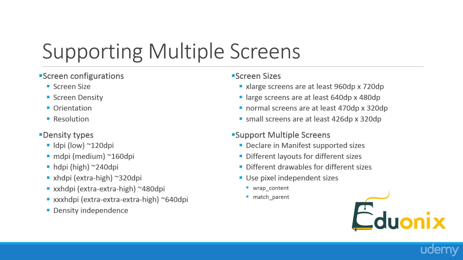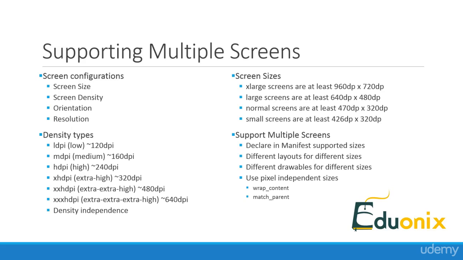Screen density of a device can vary greatly. This includes additional screen densities that have been added with the advancement of screen technologies. They now include LDPI, or low, which is usually approximately 120 dpi, MDPI, or medium, approximately 160 dpi, HDPI, or high, approximately 240 dpi, XHDPI, or extra high, approximately 320 dpi, XXHDPI, or extra extra high, approximately 480 dpi, and XXXHDPI, or extra extra extra high, which is usually approximately 640 dpi.